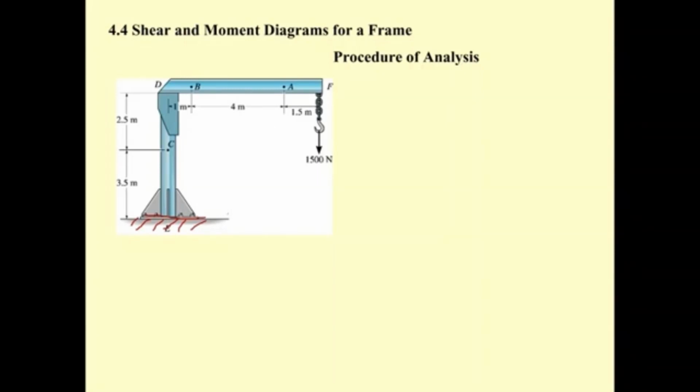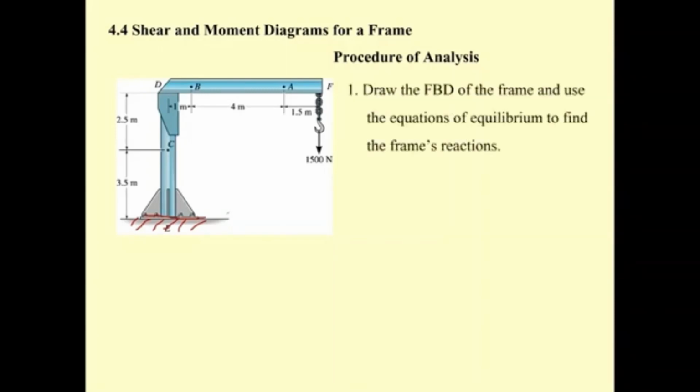Okay, under the action of the force, we can analyze it first by drawing the free body diagram of the frame, and then we have what? We change the fixed support into the reactions, and at the support here they are supposed to have 3 reactions to make the frame be in equilibrium.